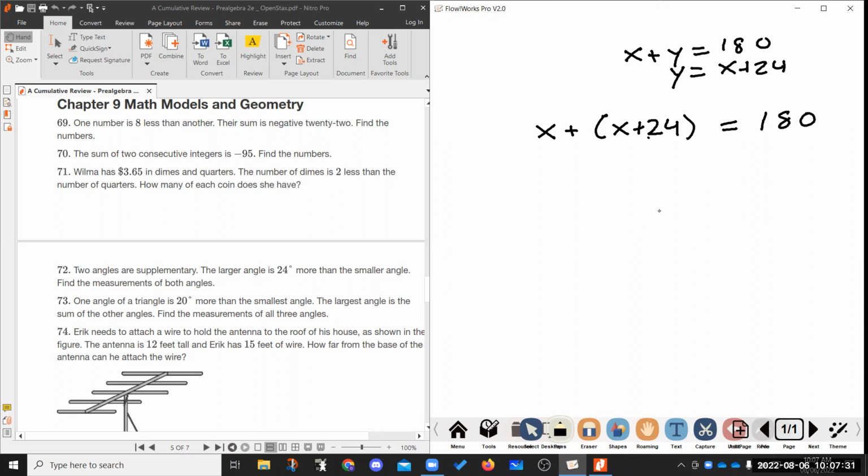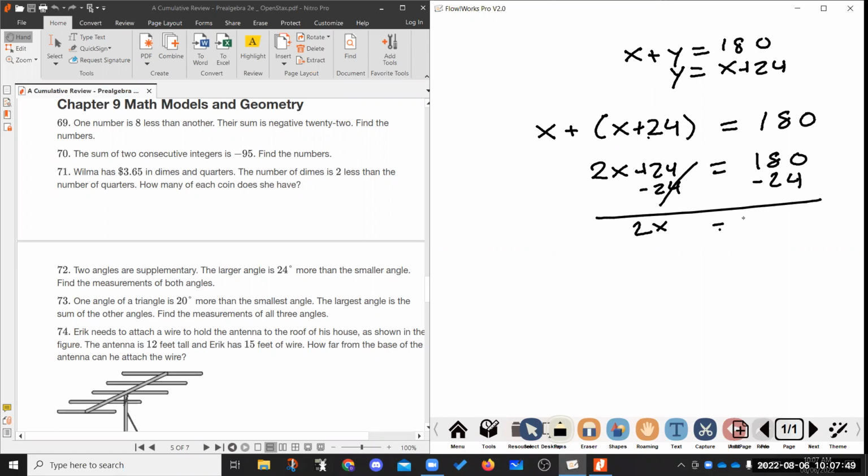So, and these are all degrees. 2x plus 24 is equal to 180. Subtract 24 from both sides. We get that 2x is equal to 156. And we divide both sides by 2. And x is equal to 78.